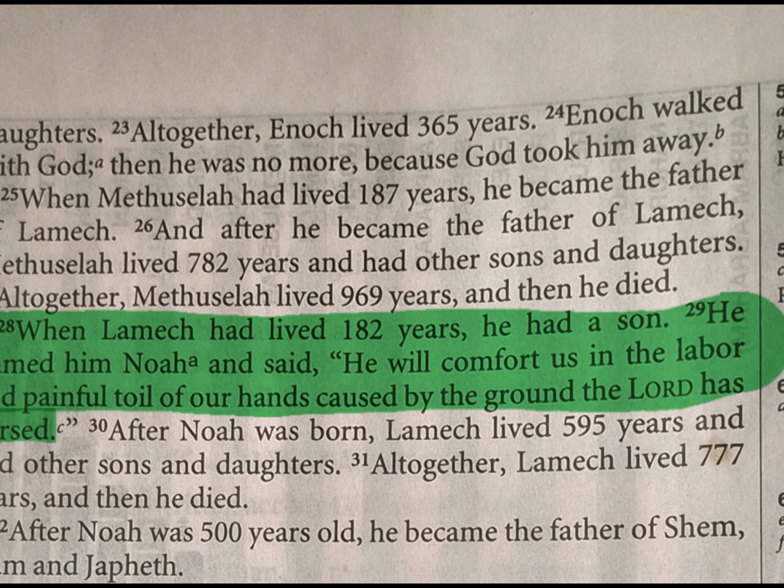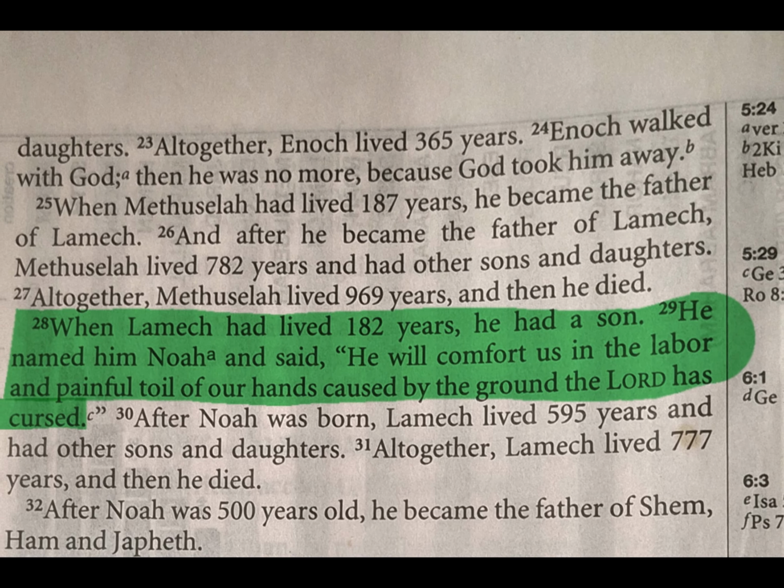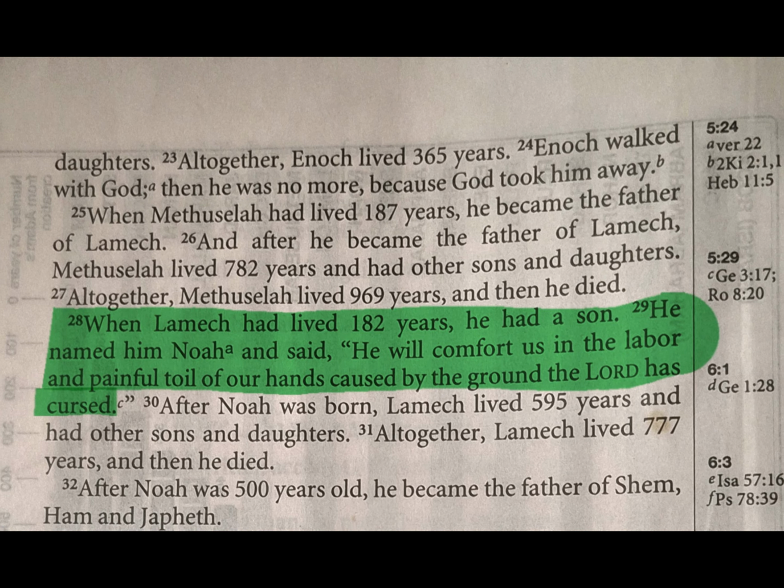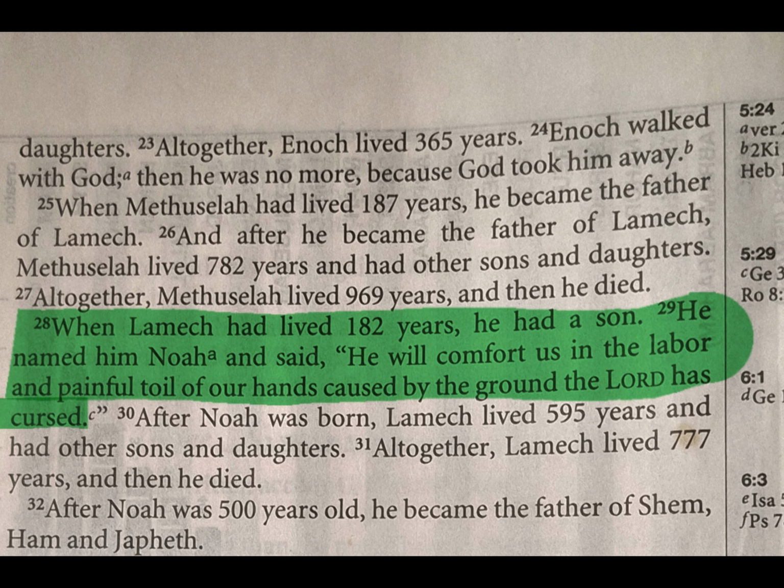Let's reconsider the main text, which is Genesis chapter 5, verse 29 for assistance. 29. He called him Noah and said, "He will comfort us in the labor and painful toil of our hands caused by the ground that the Lord has cursed." He is third person singular, meaning Lamech was speaking in the third person singular at that naming ceremony.